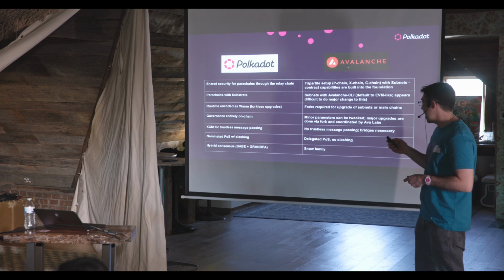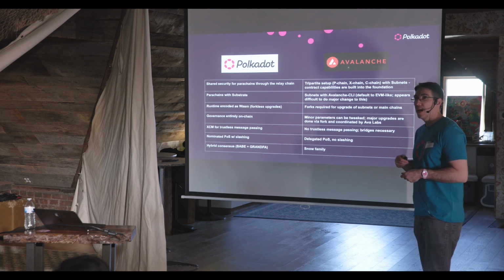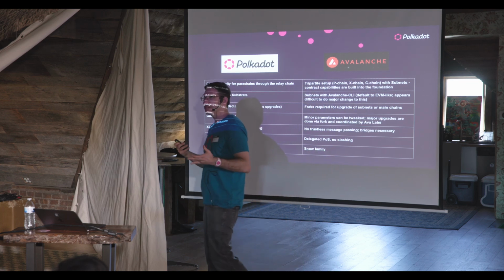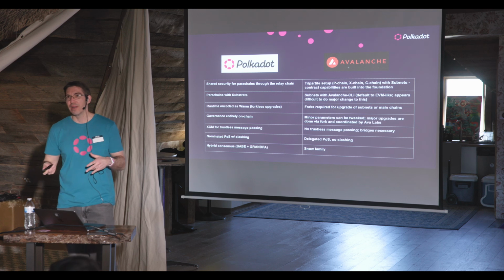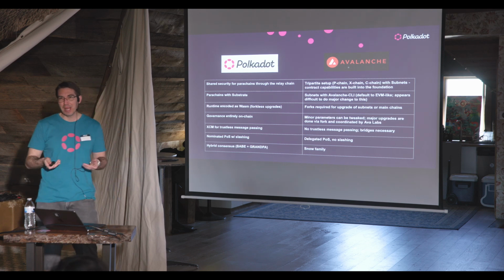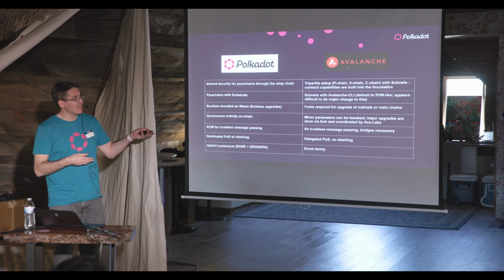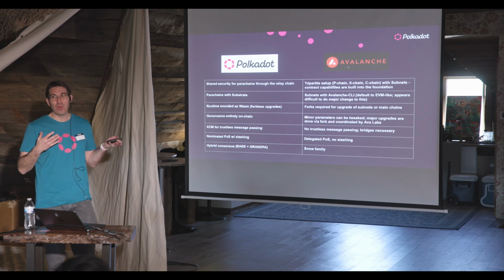And again, being objective here, they see this as a feature, not a bug. One of the questions I'm always asked is, what happens if somebody puts some garbage code up on the relay chain and 50% of the DOT vote for it? Then you've just bricked the relay chain, and that would be very bad. So this is their argument against this. I have some arguments why that would not happen.